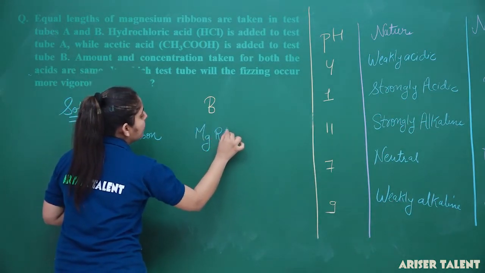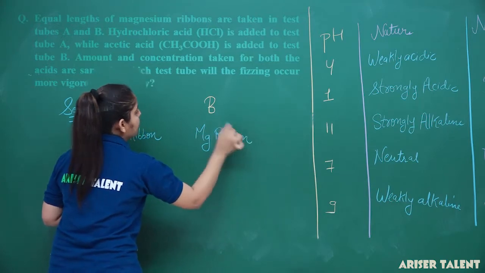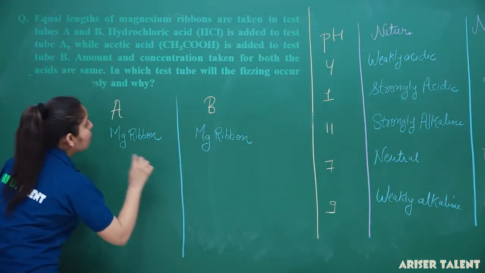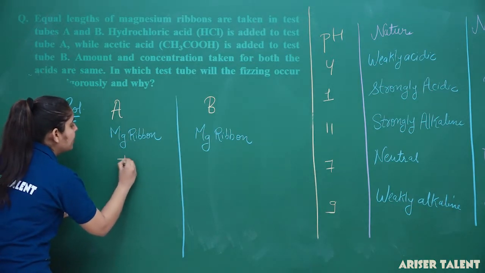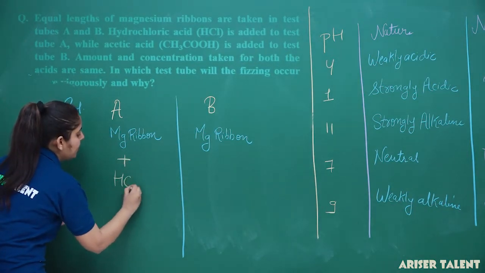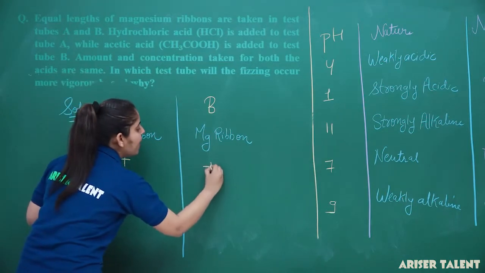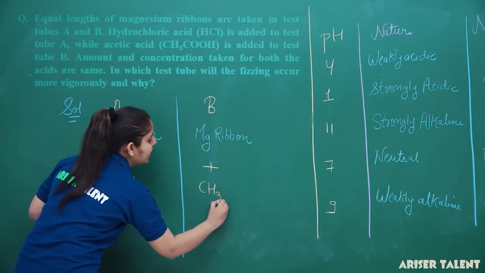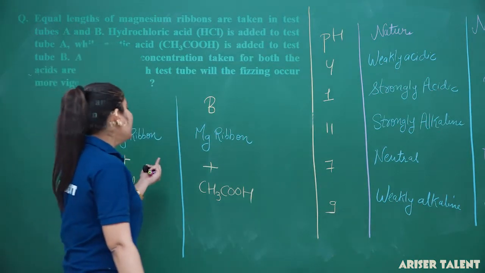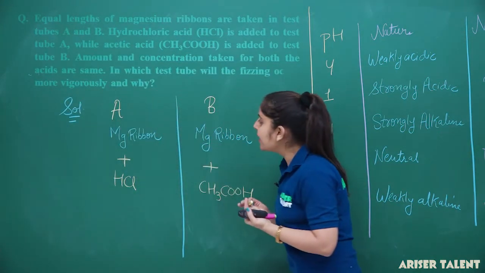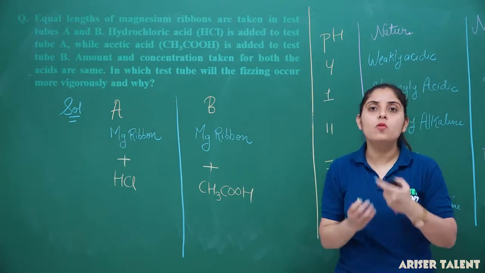In the first test tube, we have added hydrochloric acid, that is HCl. And in the second, we have added acetic acid, that is CH3COOH. Now, we have to find out in which case the fizzing occurs more vigorously.